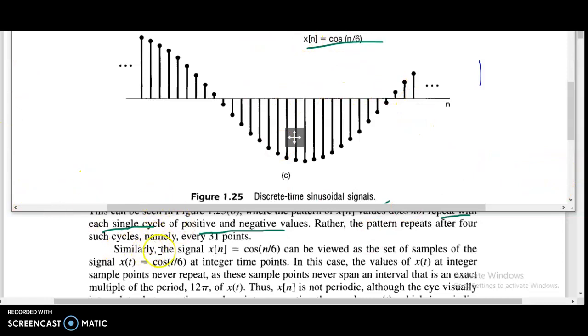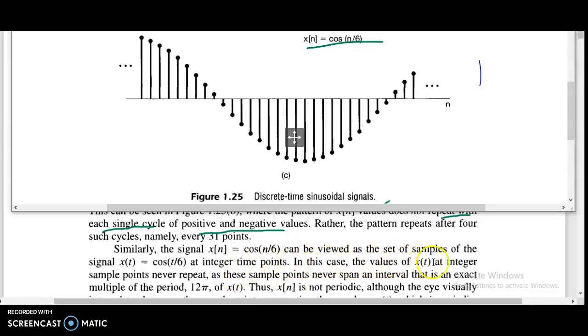Similarly, the signal x of n equal to cos of n divided by 6 can be viewed as the set of samples of the signal x of t equal to cos of t divided by 6 at the integer time points.